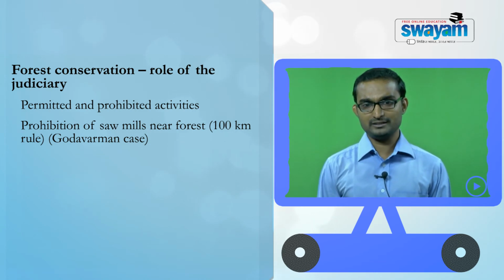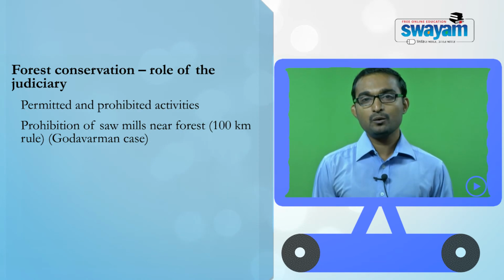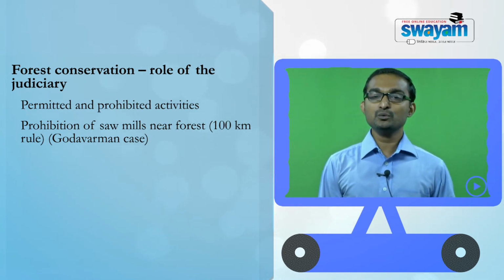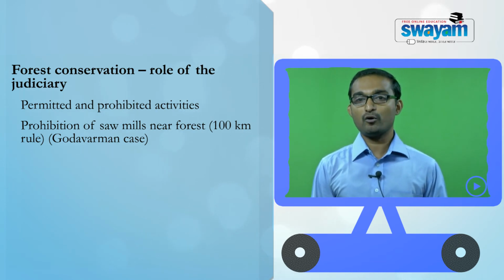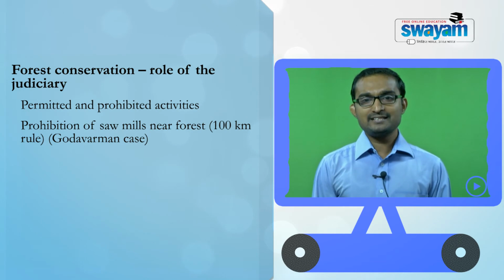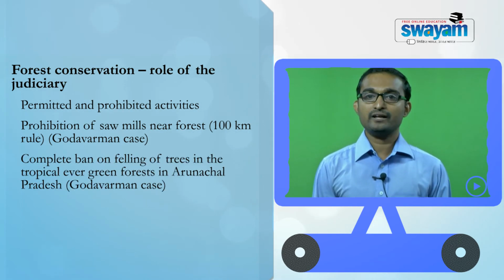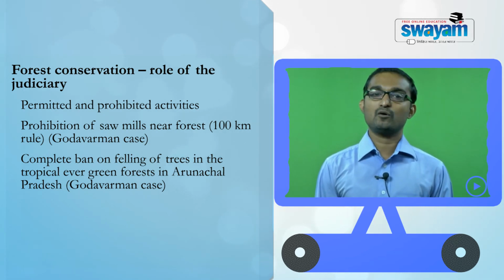So the Supreme Court was interpreting the forest law and introducing new regulatory tools or new rules under the scope of the Indian Forest Act. Similarly, they also ordered a complete ban on felling of trees in the tropical evergreen forest in Arunachal Pradesh, again in the Godavarman case.